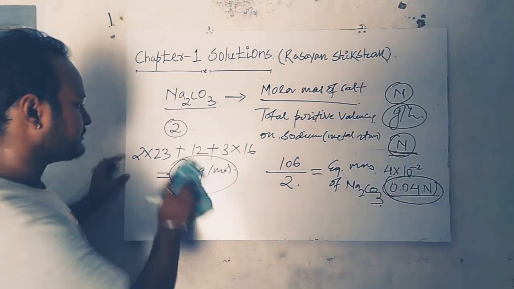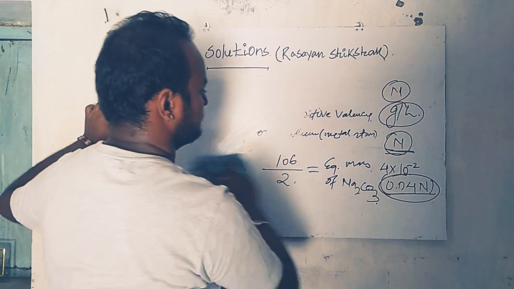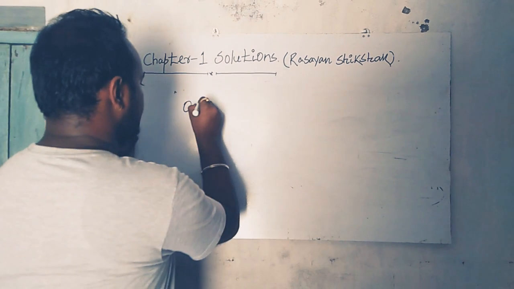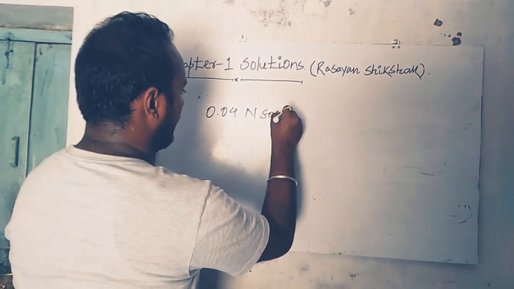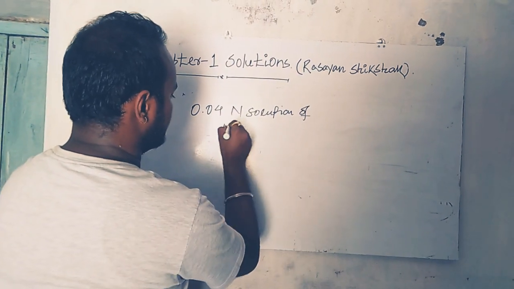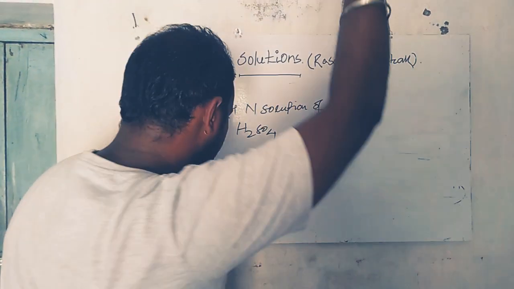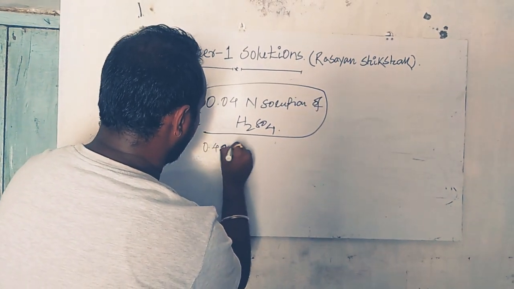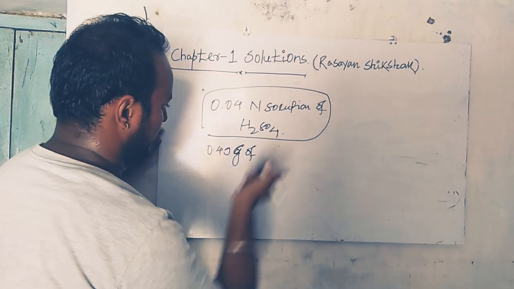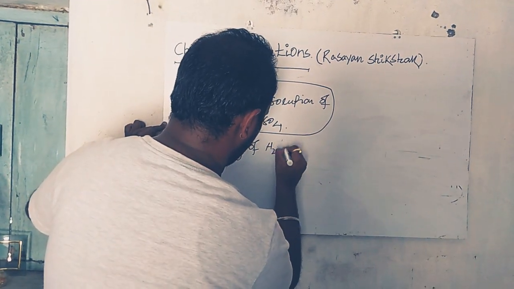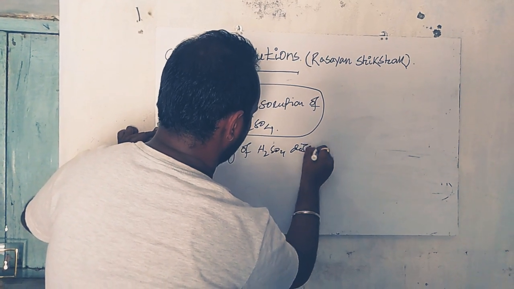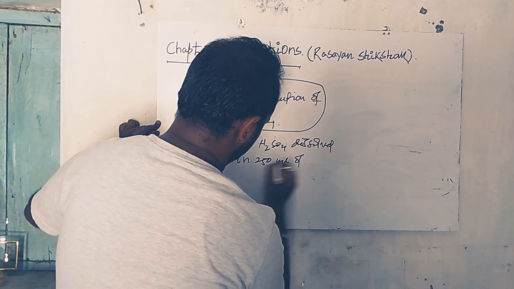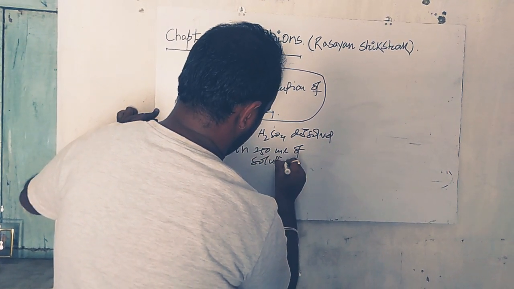It means that if there is 0.04 N solution of H2SO4, then 0.49 gram of H2SO4 is dissolved in 250 ml of solution.